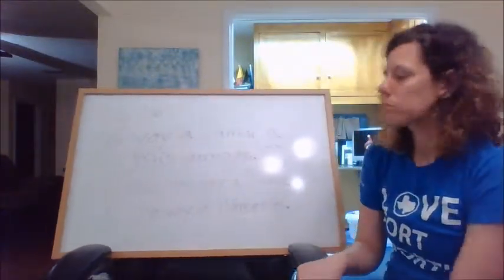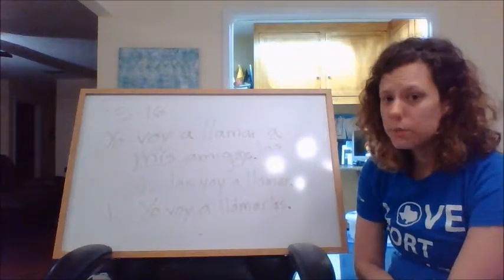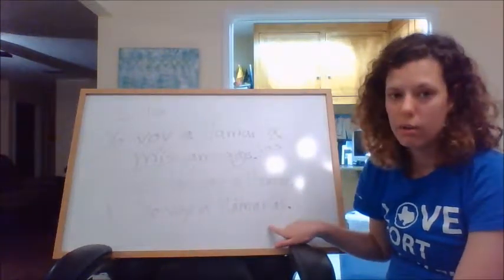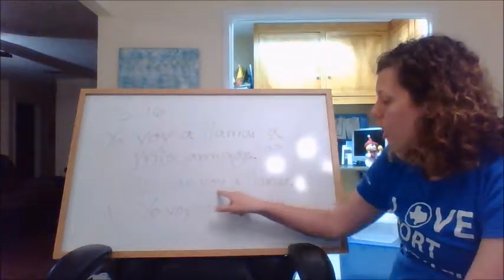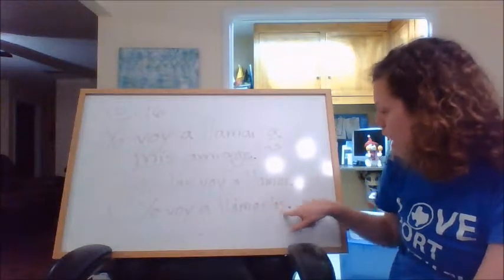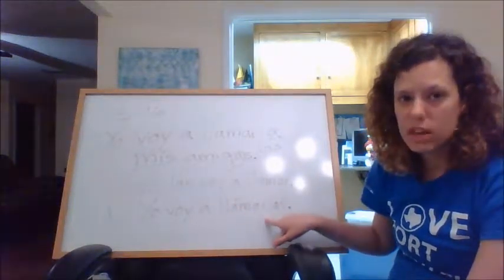What you cannot do is say voy las a llamar. It either has to go in front of the conjugated verb, or it has to go after and attached, and become one word with the infinitive.